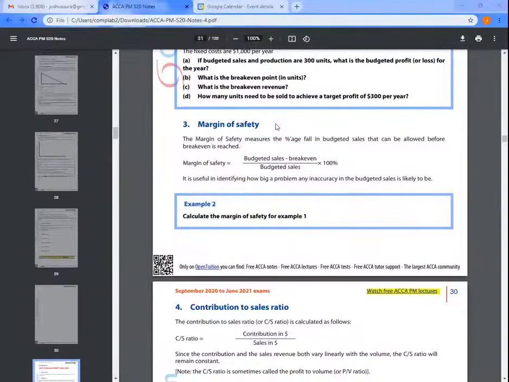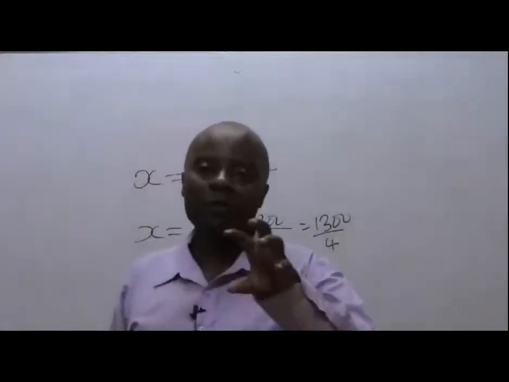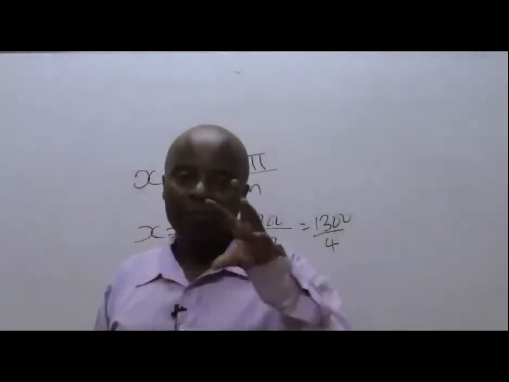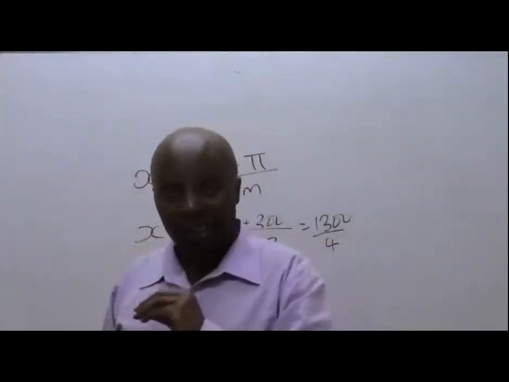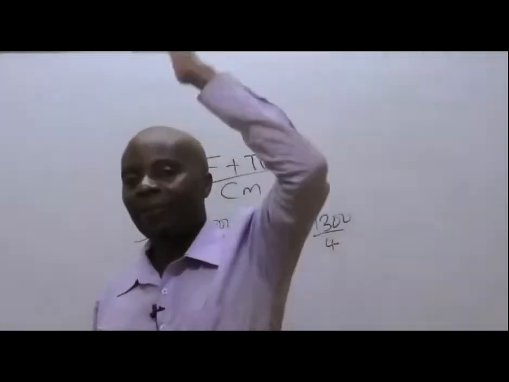Now see margin of safety. What are they telling us about margin of safety? They're telling us that the margin of safety measures the percentage fall in budgeted sales that can be allowed before break-even is reached. I like that definition. Margin of safety, what we call MOS, means that for you to be safe, you must be in the profit zone.